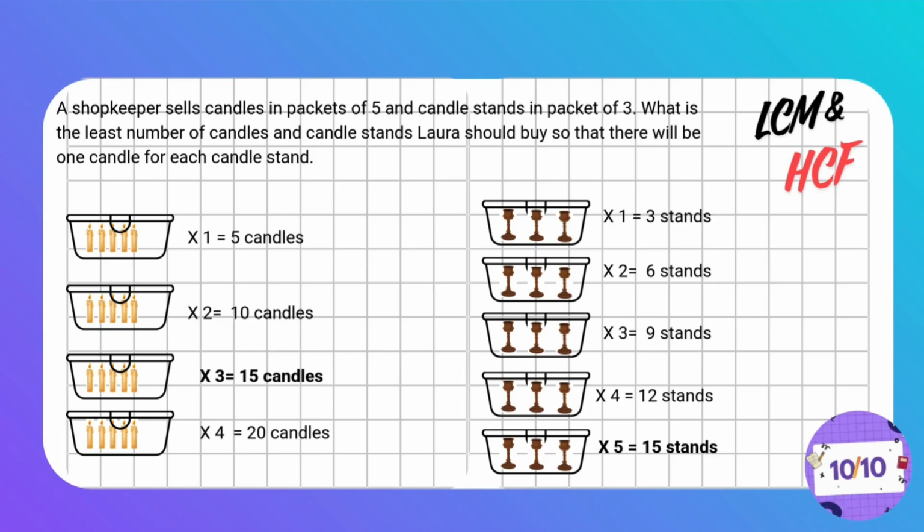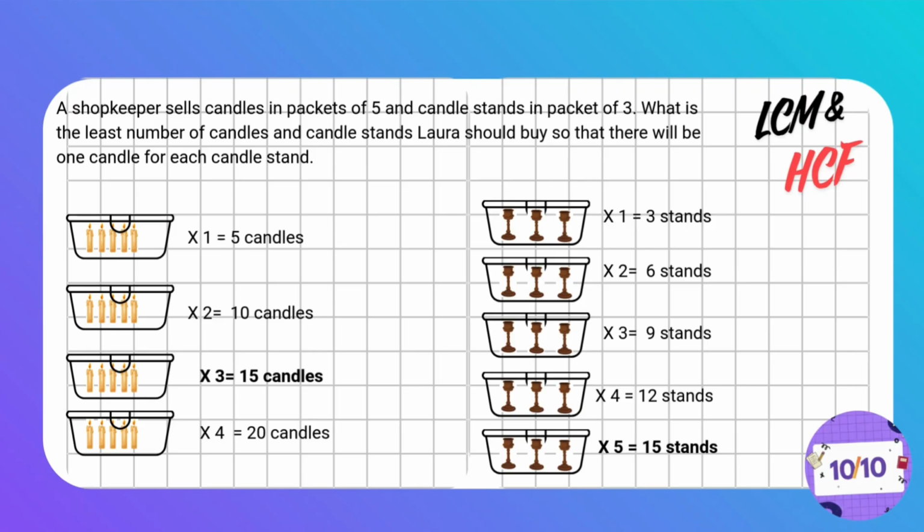In this case, that is the lowest number of candles that we can get while buying an equal number of candles and stands. But there is another case. Just imagine if we buy 6 packets of candles, how many candles will there be in total? 30, right? 30 candles.